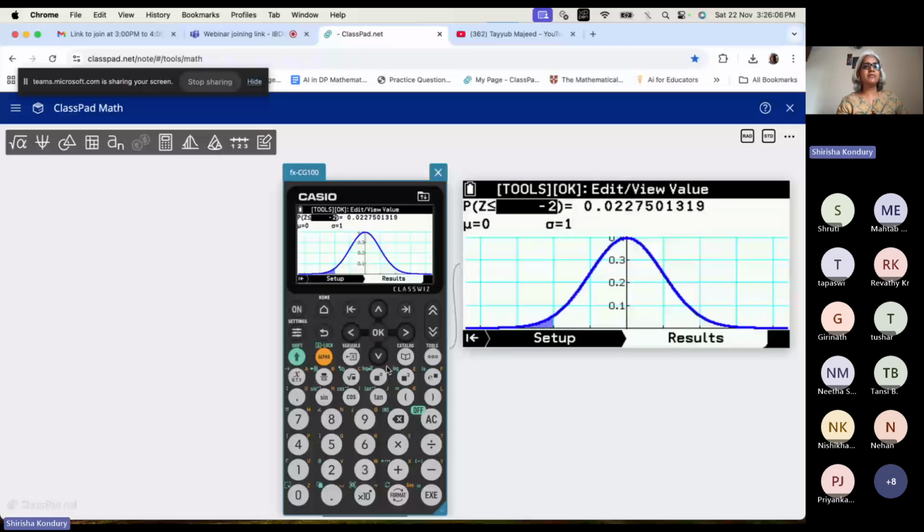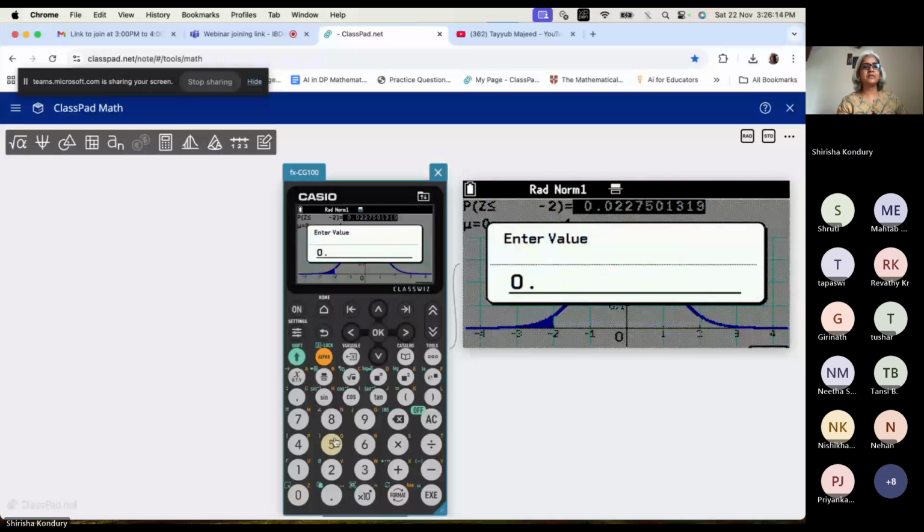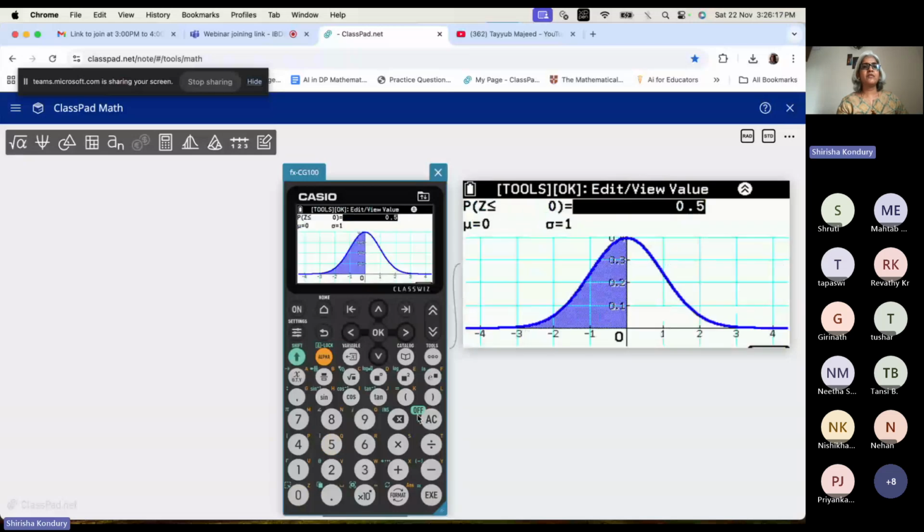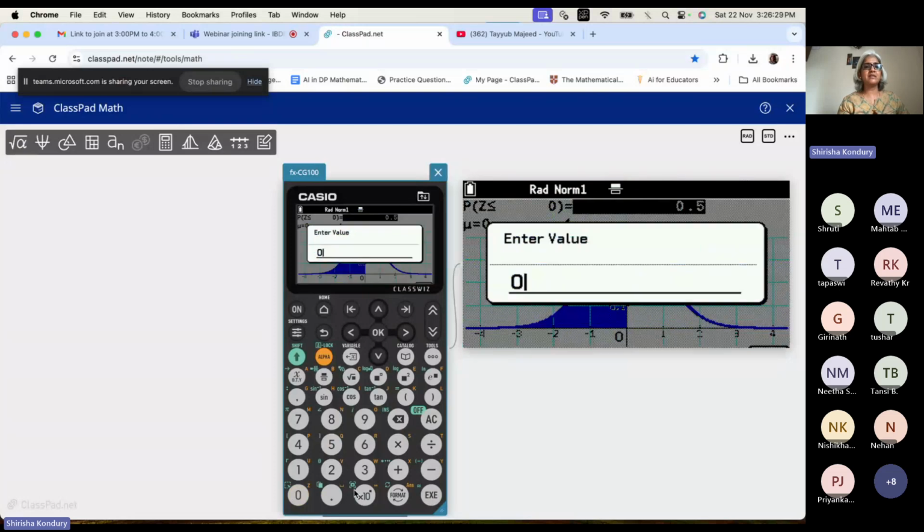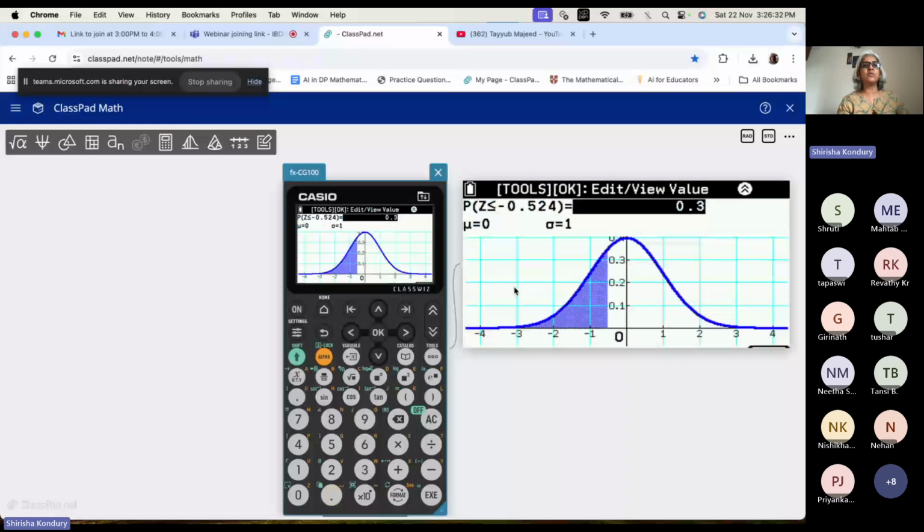So it's already giving me that option, right? So here, if I choose 50%, if you see, it automatically sets the z-score to 0. That means the mean is where the probability will be 50%, right? Say, for example, if I set it to 30%, it is giving me the z-scores.